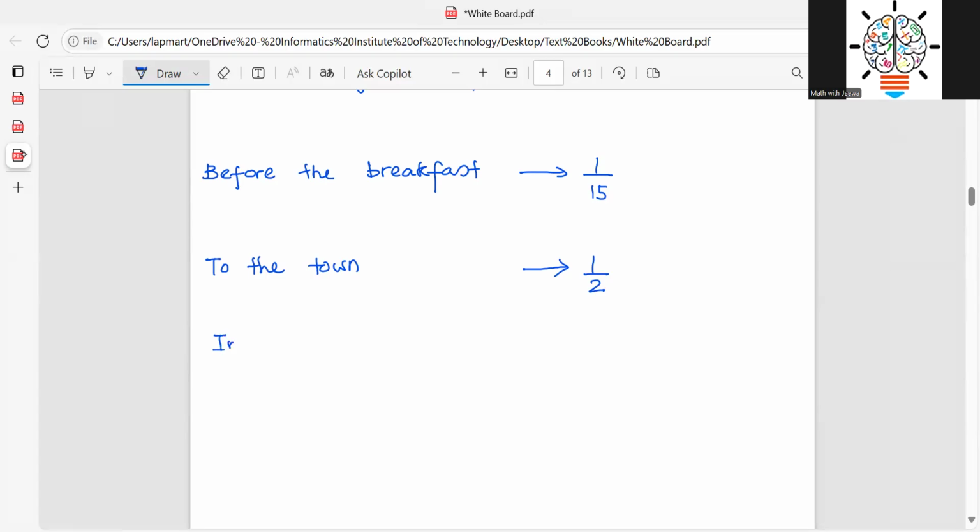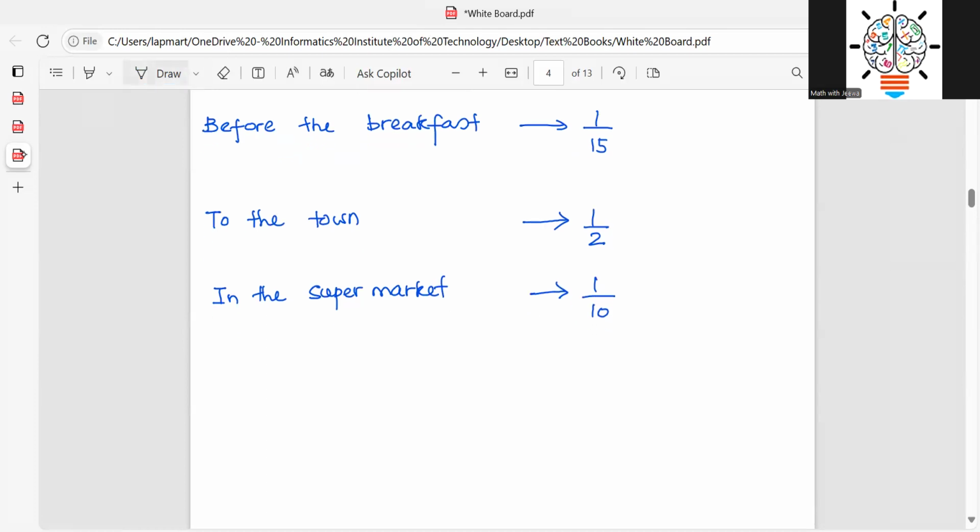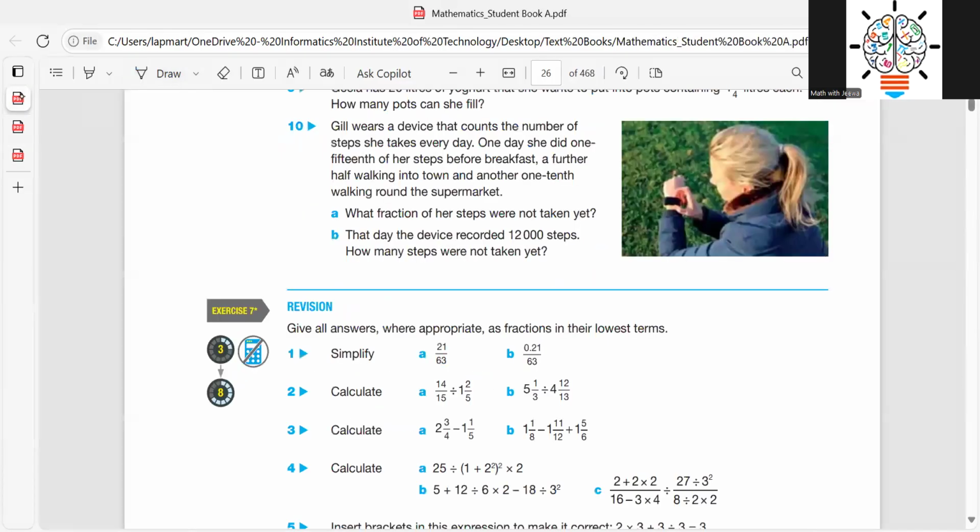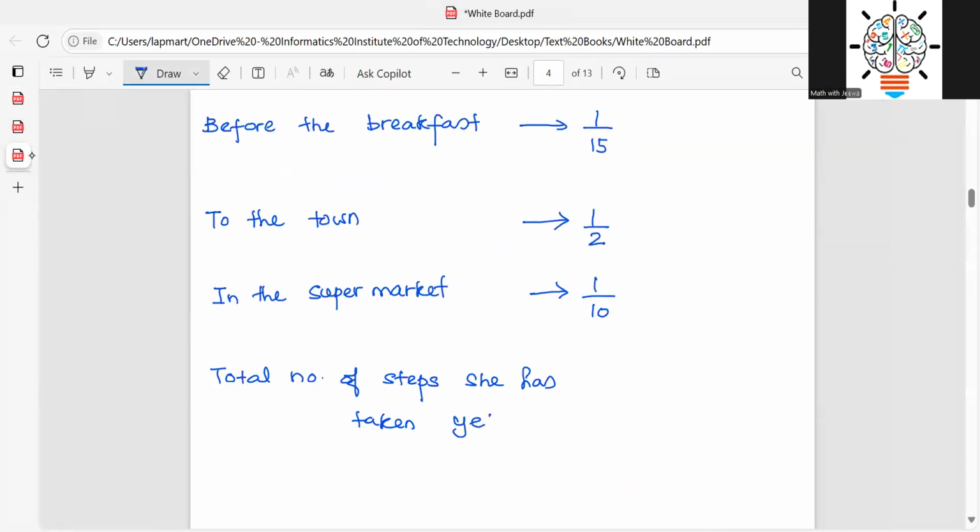And inside the supermarket, she has taken 1/10. So then the total number of steps she has taken, what they ask, taken yet. So then how do you get it?